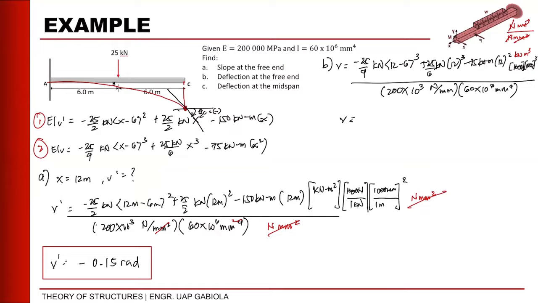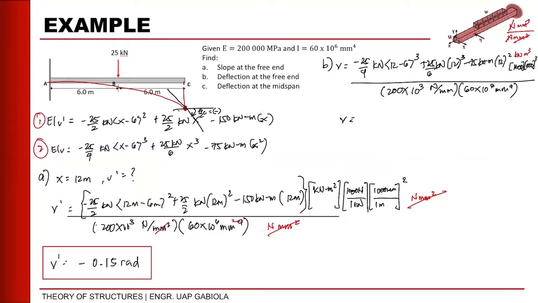Okay. Let me check nga lang yung V prime natin. Dapat ito, parang may mistake ako, no? Dapat yung itong dalawang quantity to, i-multiply natin dun sa kabuuan ng ating equation. Kasi baka doon ko lang sa isa na multiply. Let me check. 25 over 2, 12 minus 6 squared plus 25 over 2 and 12 squared minus 150 times 12 equals.